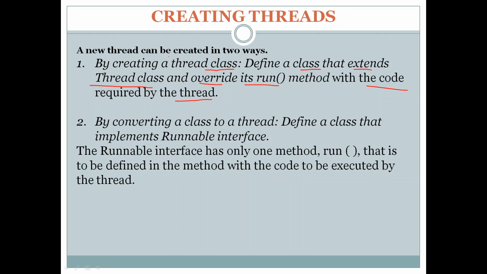Second is by converting a class to a thread. The second way is to convert the class itself to a thread, and that is done by defining a class that implements the Runnable interface.